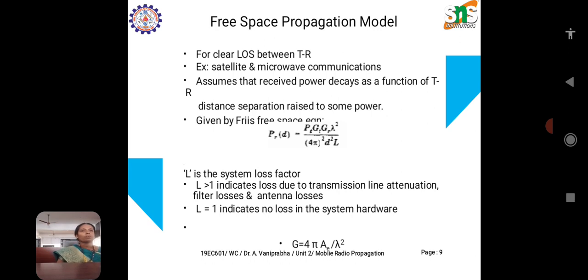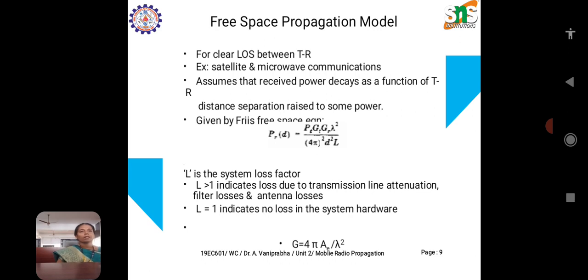In the free space propagation model, we assume a transmitter and receiver placed at a distance d. The transmitter is able to transmit signals in many directions and the receiver could receive signals from many directions.